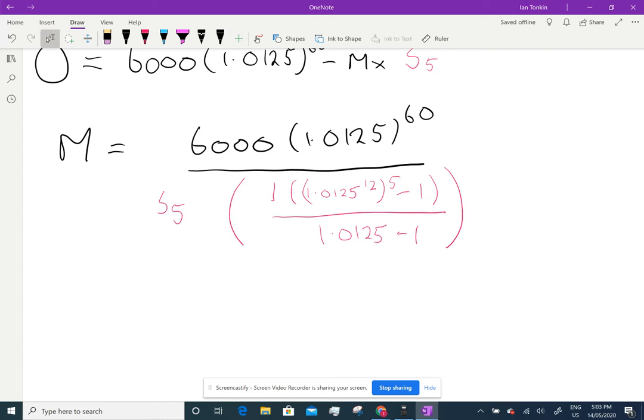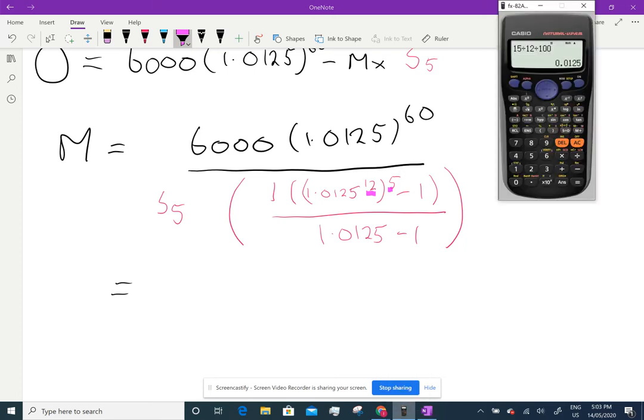So then it's calculator work. Now, these two powers here will multiply by each other and be 60, but I'm going to try and enter them in the calculator exactly as it appears here. So here we go. 6,000 times 1.0125 to the power 60. Down the bottom, let's have another fraction there. I don't need the 1. I wrote it in my working, but I don't need it.